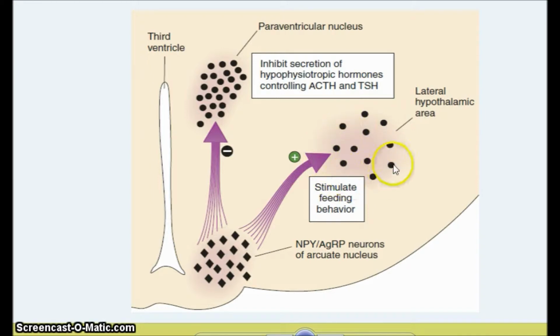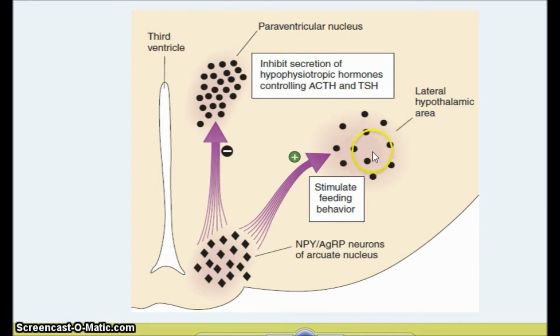If the lateral hypothalamic area is receiving a lot of input from neuropeptide Y and AGRP neurons, then the lateral hypothalamic area will release molecules called MCH and orexins. These orexins will be released in your cerebral cortex.